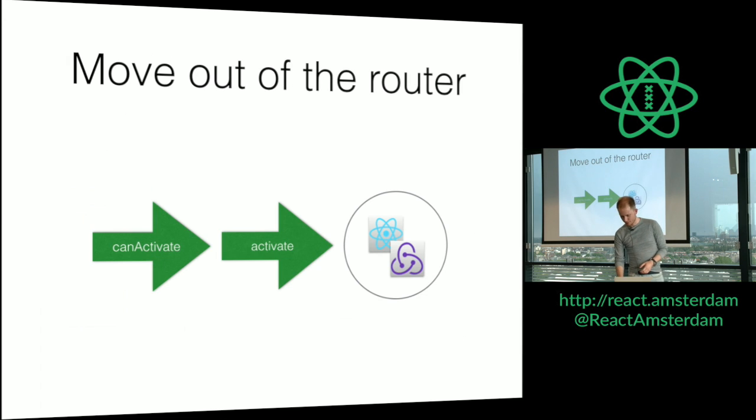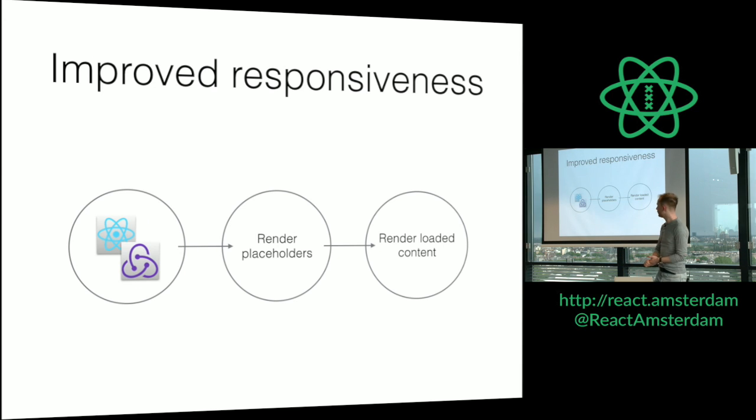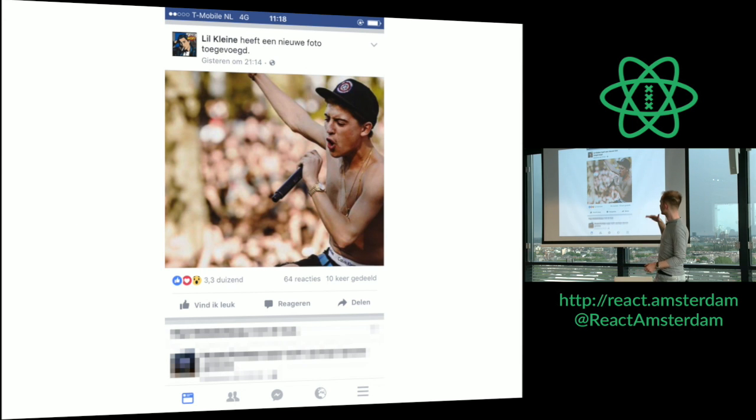And then I thought, okay, let's move this out of the router. Because if you just let it through always, even if you don't have access or you don't even know if this content is going to load or not, you just render something, render placeholders. And then you start loading content, and once that's done, you render the loaded content. And that will look like what the user expects.